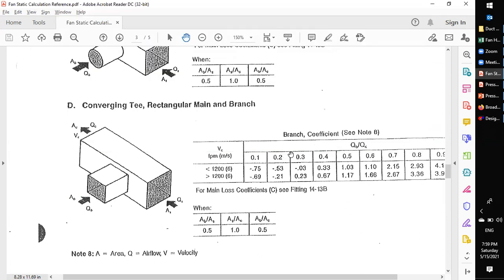At 0.21, it's in between 0.2 and 0.3. The SMACNA guide says the value is a negative value. That's why we got a negative K factor.